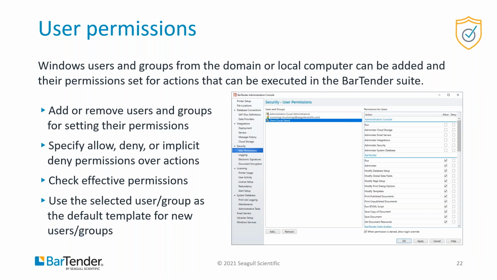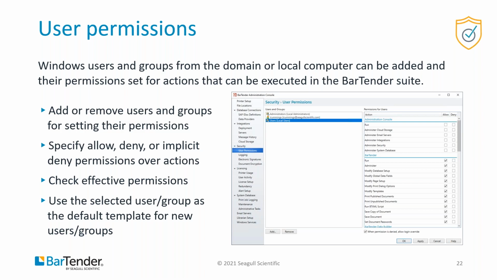And if you're unsure as to what a user or group has permission over, you can select that user or group and check for the effective permissions. And it will say whether the effective permissions for that user or group is either allowed or denied based on the intersection of the various permissions from the various users and groups that have been set up.